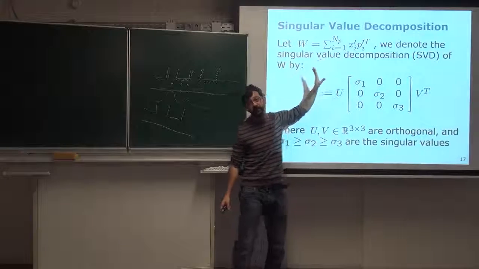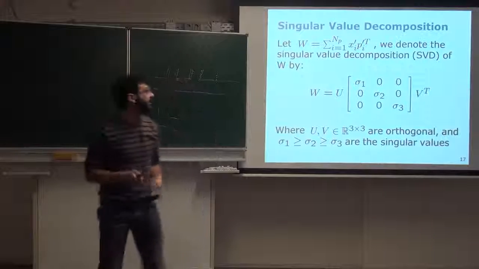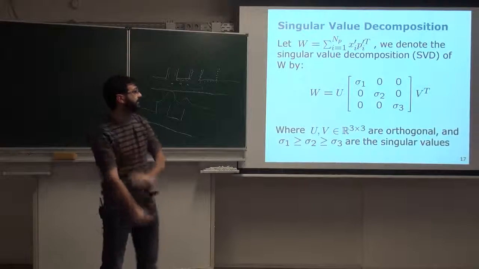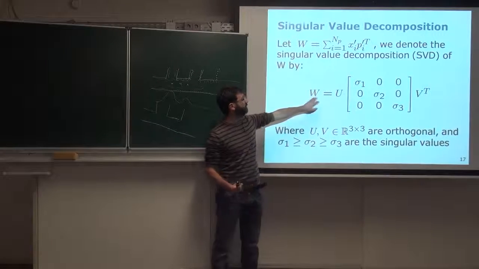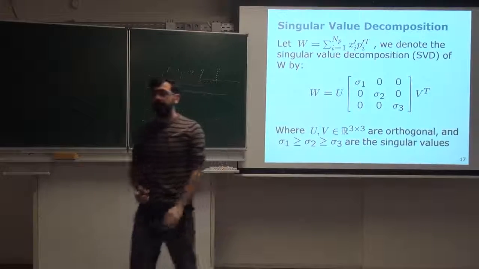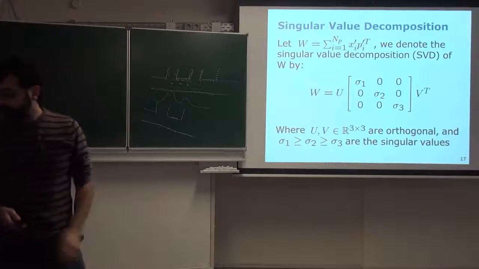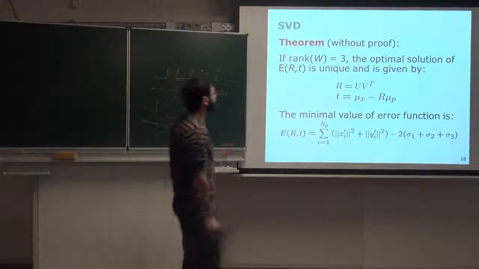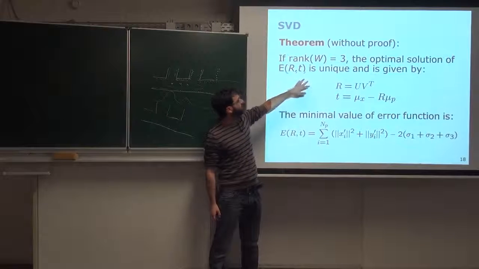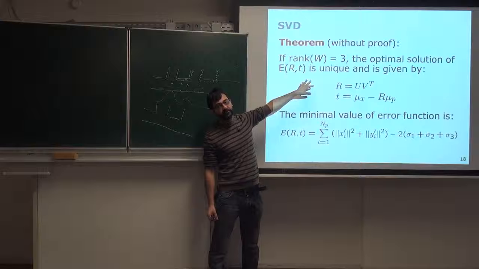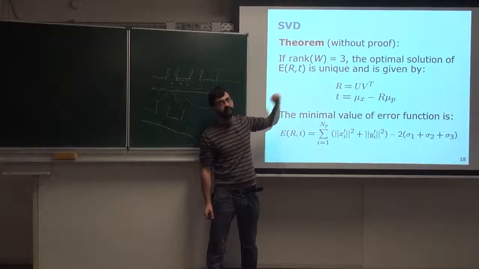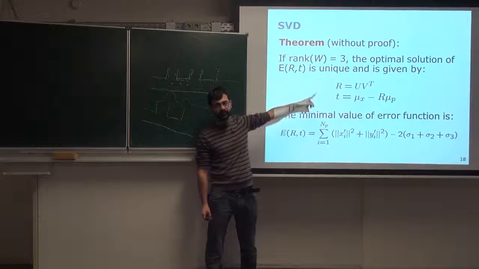By solving that and getting this W, this will be your rotation matrix, okay? I'm just skipping the proof. If you want it, you can write me an email and I can give you some pointers to where to find the proof of that.